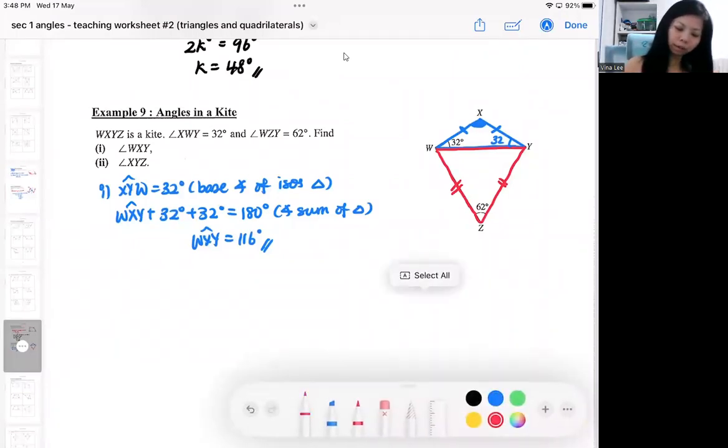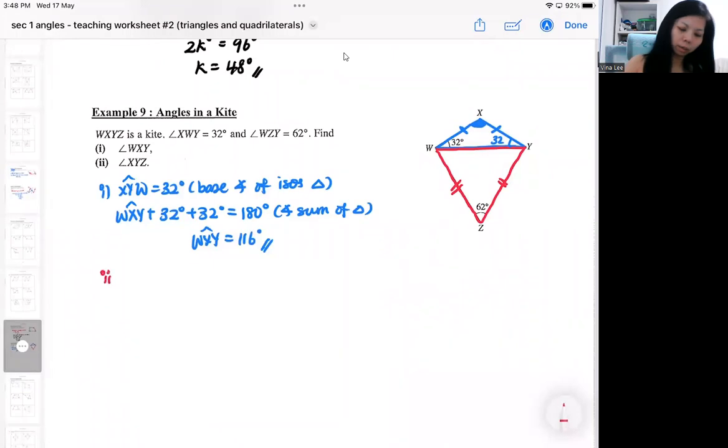The next one, I'm supposed to find XYZ. That means I'm supposed to find the whole thing here. XYZ already comprises the 32 degrees, so I'm going to find the red angle first. The red angle is quite easy, that's the base angle of an isosceles triangle.